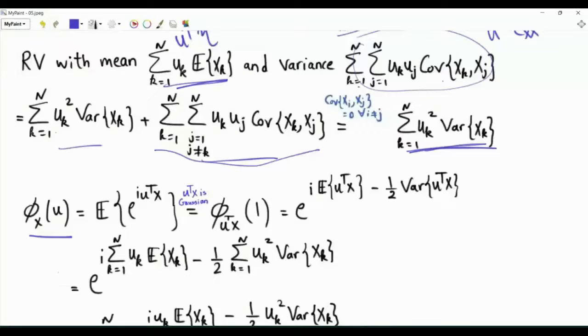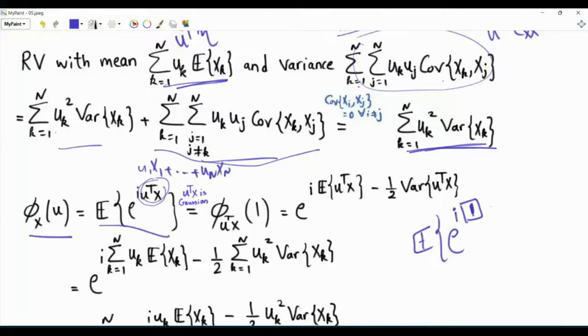That's the characteristic function of vector x. By definition, it is the expectation of e to the i u transpose x. So this thing is u1 x1 all the way to un xn. Rather than thinking of this as the characteristic function of a random vector x, we can take u transpose x as a random variable, and we imagine that this expectation is e to the i times 1.